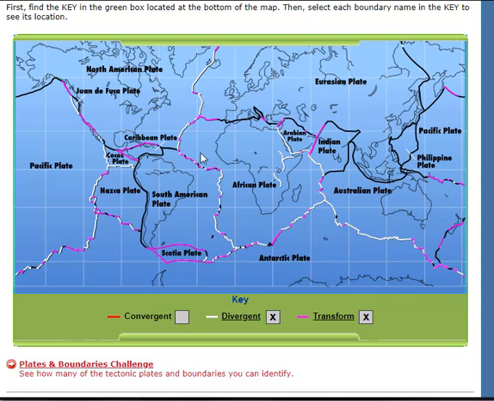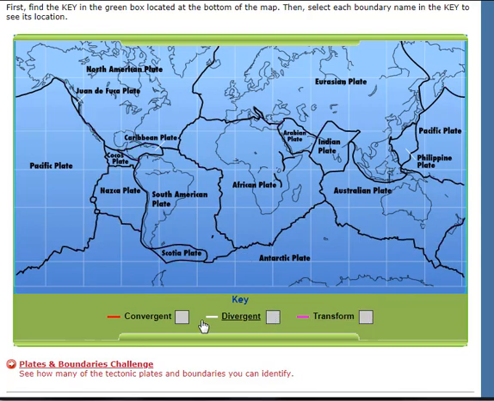So now we get down to what are the convergent plate boundaries that affect California. So we go back to our convergent plate boundaries. Okay, so the names of the plates that affect California are the North American plate, which we're on, and the Juan de Fuca plate, which we're moving into, and the Pacific plate.